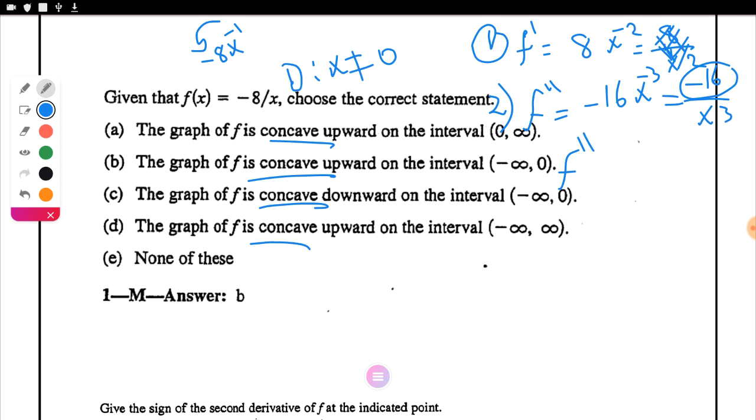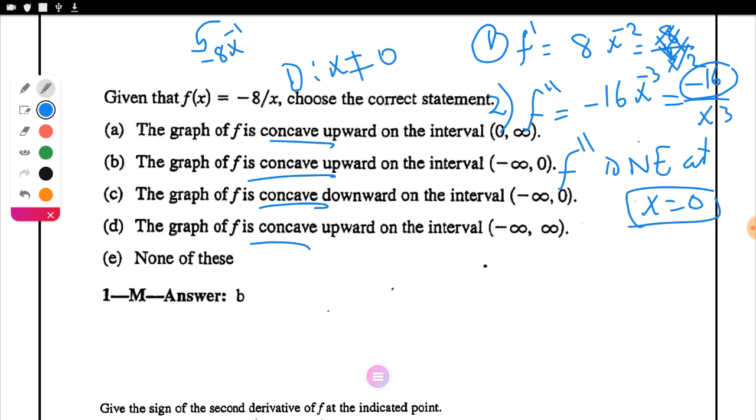But it does not exist if the denominator equals 0, so it does not exist at x equals 0. I can't consider x equals 0 an inflection point, because it is undefined.